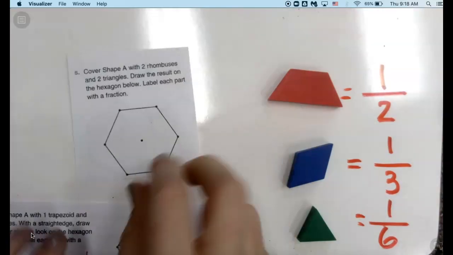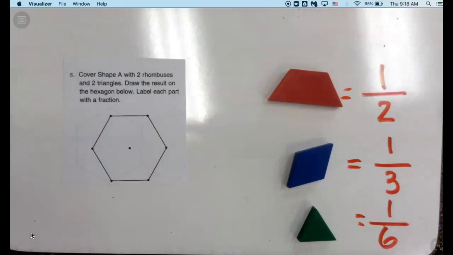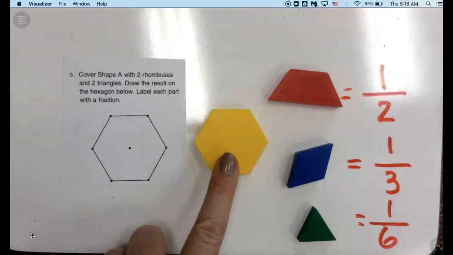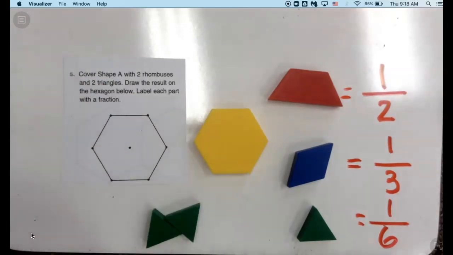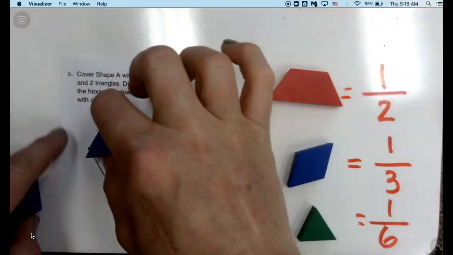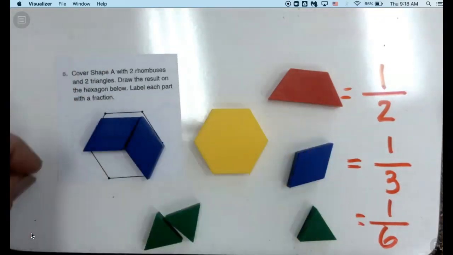Okay, so now let's try another one. Our new direction says cover shape A with 2 rhombuses and 2 triangles. So remember, our shape A is still going to be this whole. Our whole is going to represent the hexagon. So 2 triangles and 2 rhombuses. We're going to put these on here, and again, you can arrange them in any way you want. You can do them this way with the rhombuses touching.